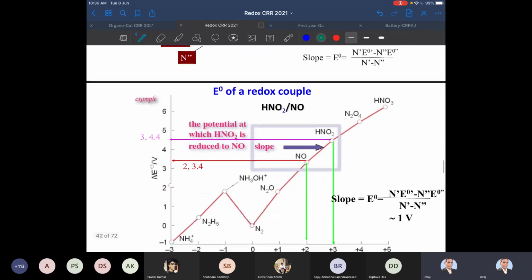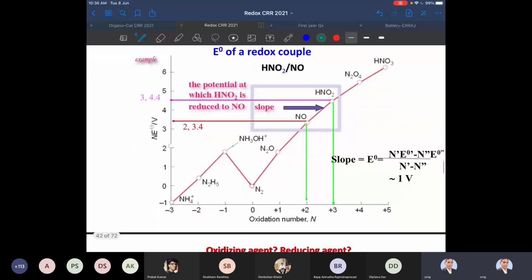Again, I took one example. The couple I have marked here is the HNO2 to NO couple. This is the couple that I have taken.